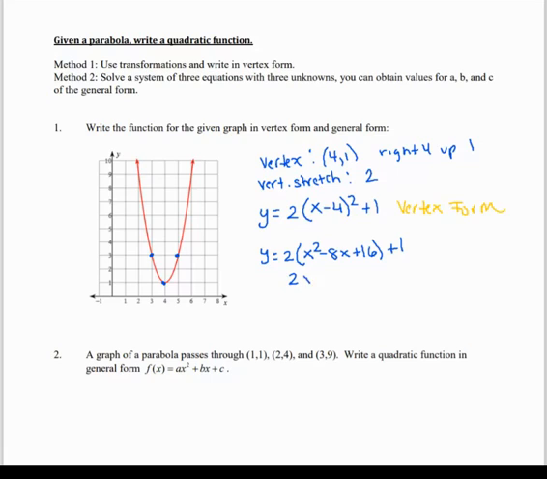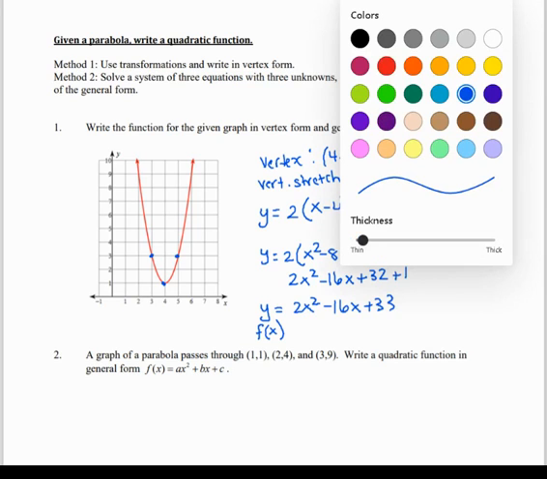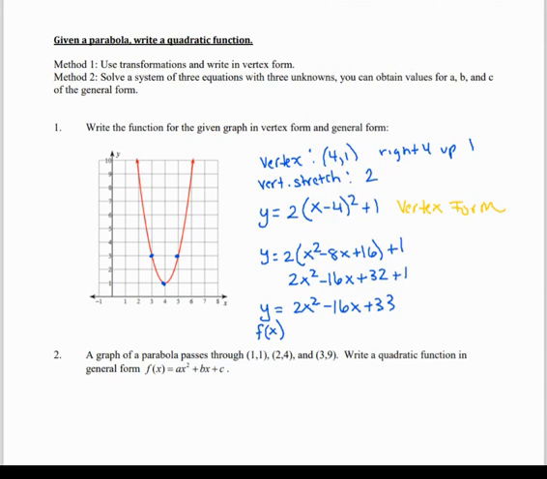Distribute the 2: 2x squared minus 16x plus 32 plus 1. So this gives me an equation of y equals 2x squared minus 16x plus 33. Remember, instead of y's, we could always use f of x's as well. So this is our general or standard form.